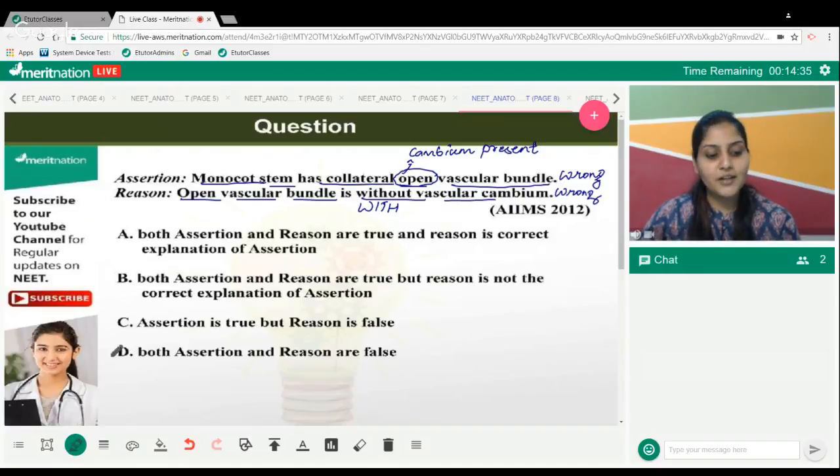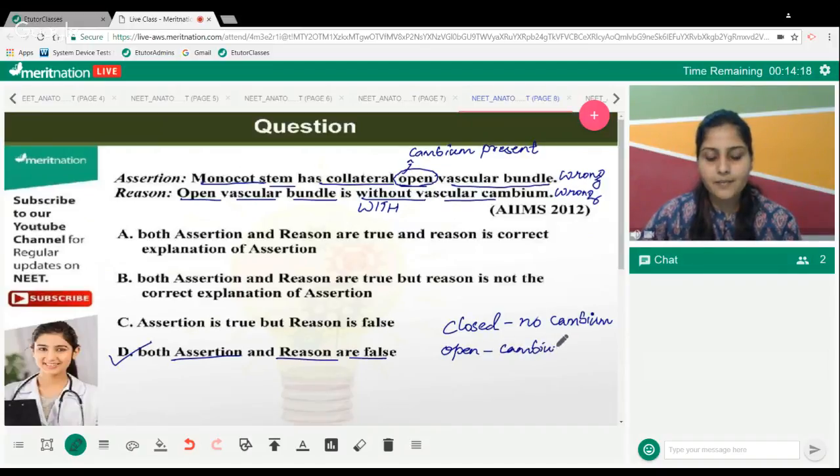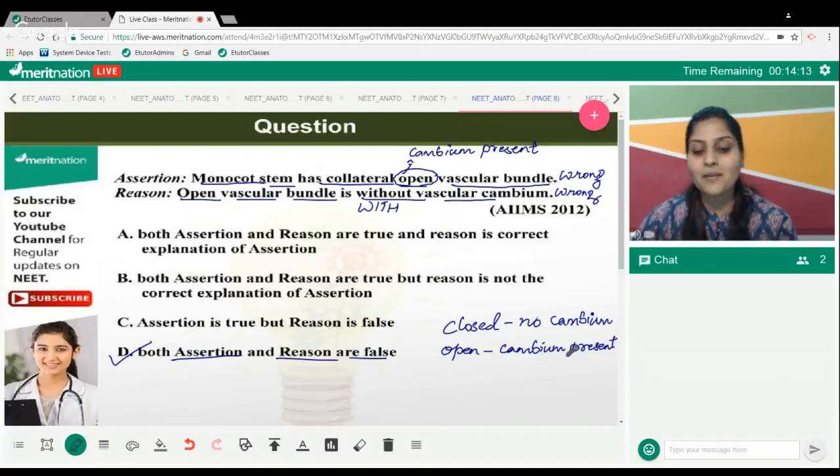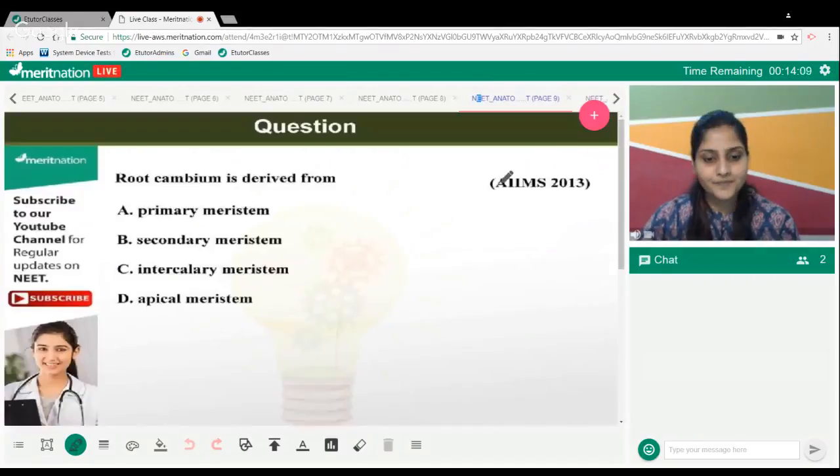So we arrive at option D, which says both assertion and reason are false. Just remember, if it is closed, it means no cambium. If it is open, it means cambium is present. This is a key, and you do not find cambium in the monocots. Okay, very good. Next question.